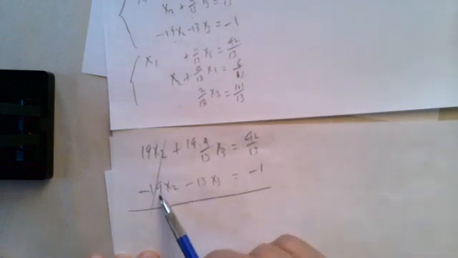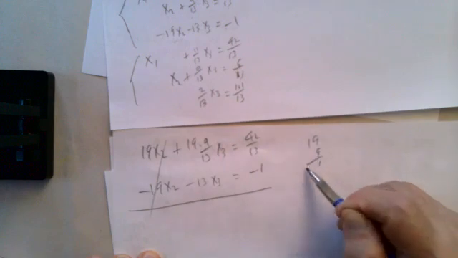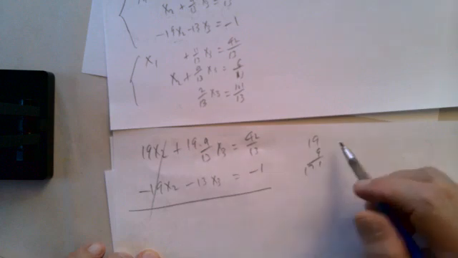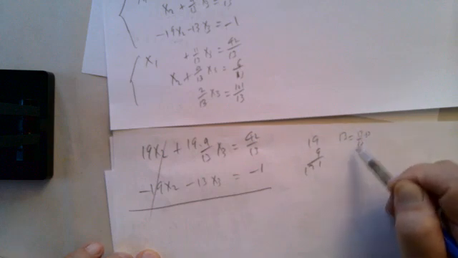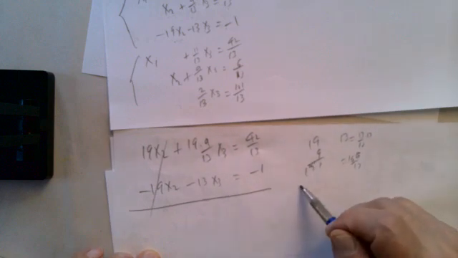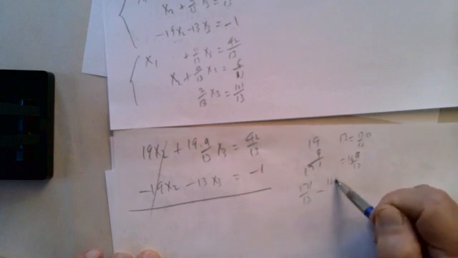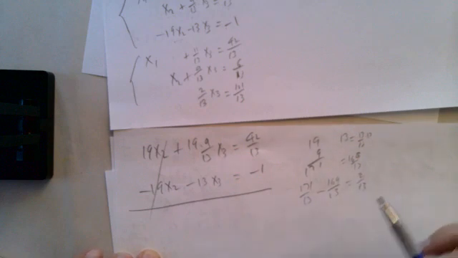And when I add, 19 minus 19 is 0, I get 19 times 9 over 13. 19 times 9 is 171. 13 is 13 times 13 over 13. That's 169 over 13. So when I subtract, I have 171 over 13 minus 169 over 13, which is 2 over 13. That's what I got here, 2 over 13.